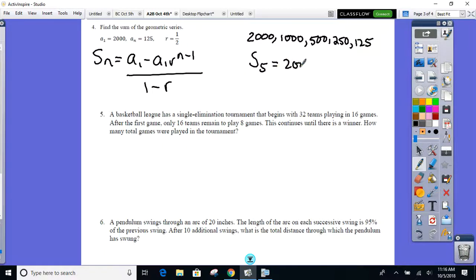So I'm going to say sum of the first 5 terms. First term's 2,000 minus 2,000 times, what was it, 1/2 to the n minus, whoops, we already know n. 5 minus 1 all over 1 minus a half. It is just n.